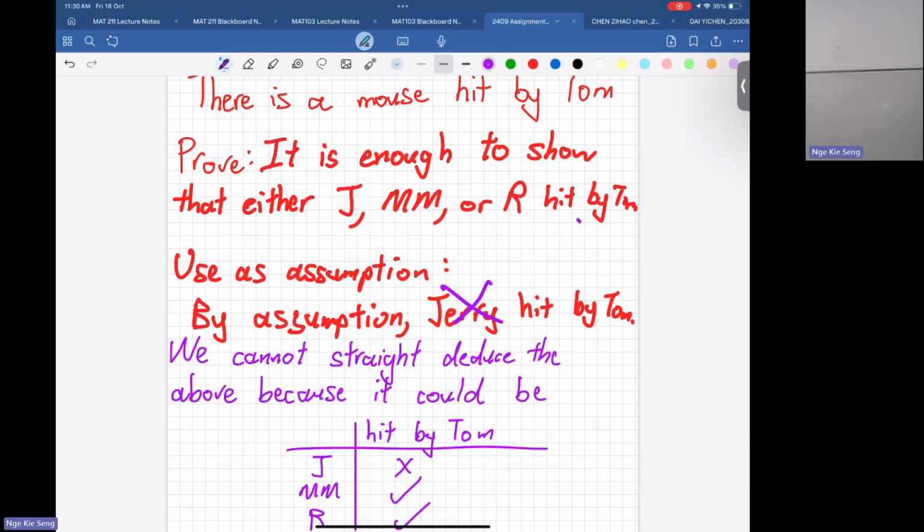If you just need a mouse, that's enough. I don't care whether it's Mickey Mouse, Jerry, or the rat that gets hit, as long as I have that mouse here. If you want to use an exact mouse, you need to prove it is this mouse that gets hit. The assumption just gives you a signal that there must be at least one mouse hit by Tom. Who is it? Don't know. The statement didn't tell you. You need to find it.